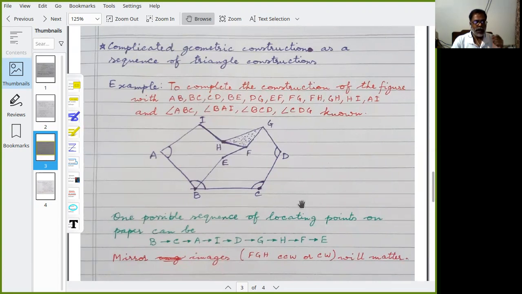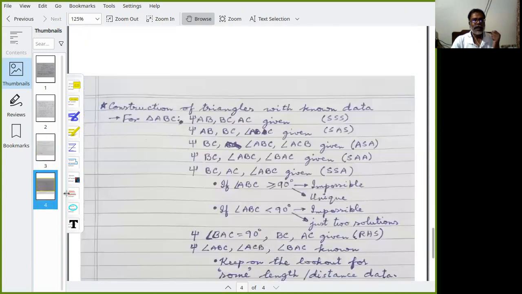Now, regarding the triangle construction thing that we were discussing earlier, the little summary is given for you. What is meant by these triangle construction formulations. These are the different cases. And as I told you, in the SSA case, you have ambiguity.